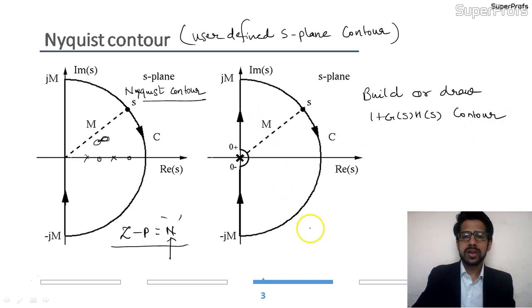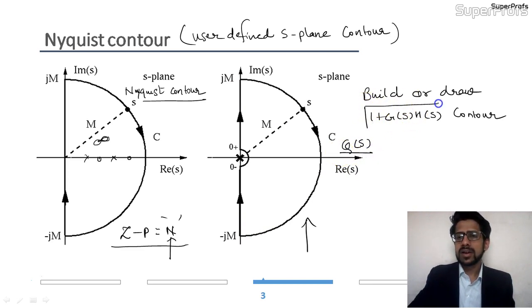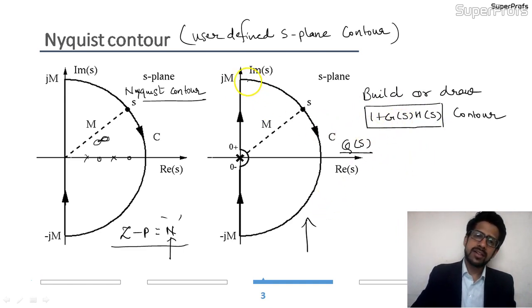Okay, so the contour that you see on the right hand side, which is nothing but the Nyquist plot, can be drawn by the knowledge of G(s)H(s), and as you will be able to draw this particular contour, you will be able to get to know the encirclements of this contour around the origin, minus 1 plus j0.